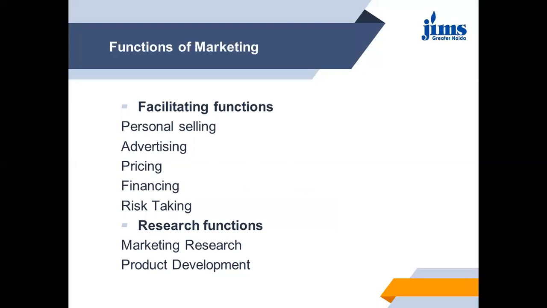It is a face-to-face exchange of thoughts, understanding and communication about a product of the company. Personal selling is usually done through an individual called a salesman or sales representative who is employed by the company. Then comes advertising.